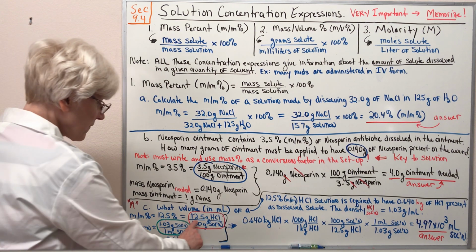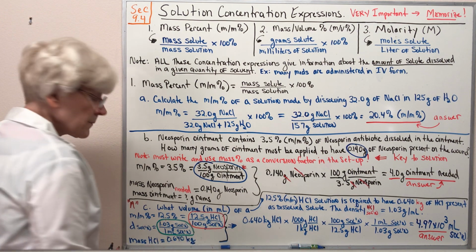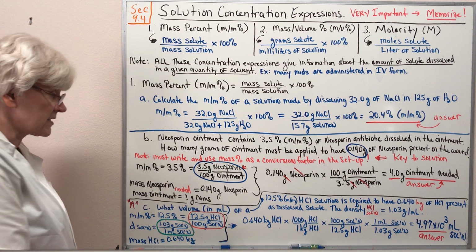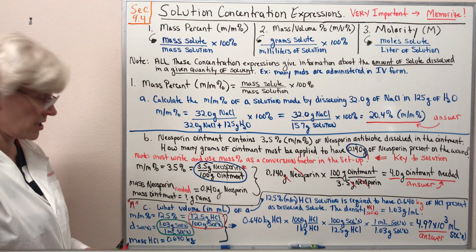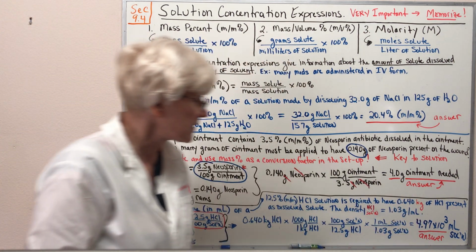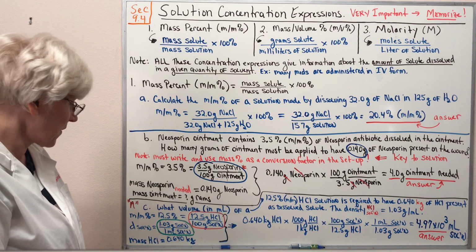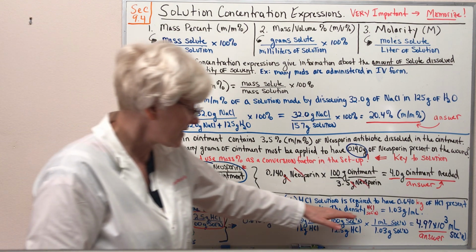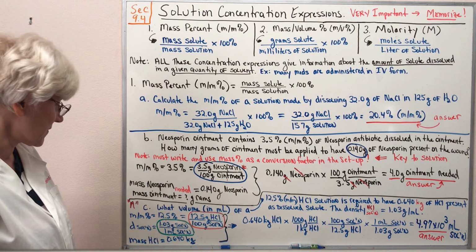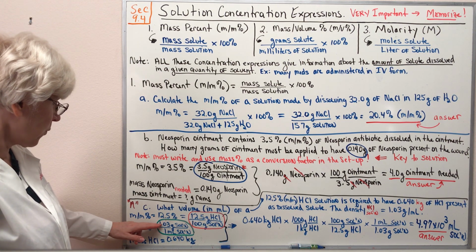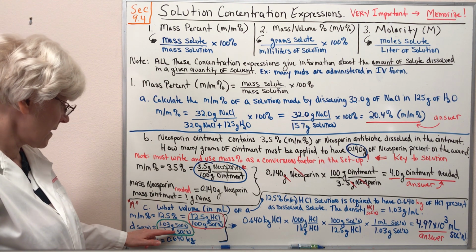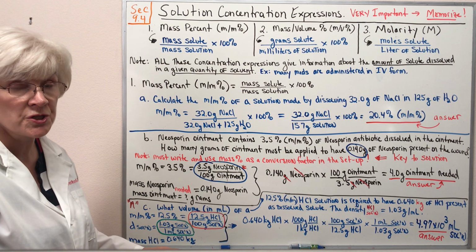So 12.5 grams of HCl per 100 grams of solution in this particular concentration amount. We need to have 0.640 kilograms of HCl, our solute, and the density of the HCl solution is 1.03 grams per milliliter. So 1.03 grams of solution over 1 milliliter of solution.